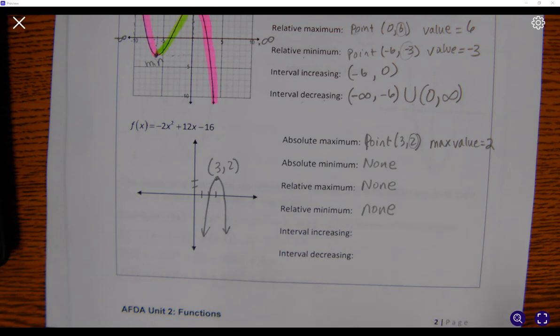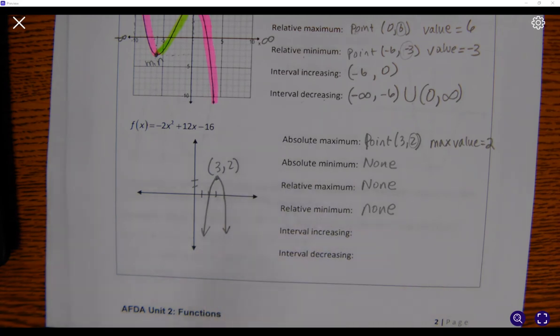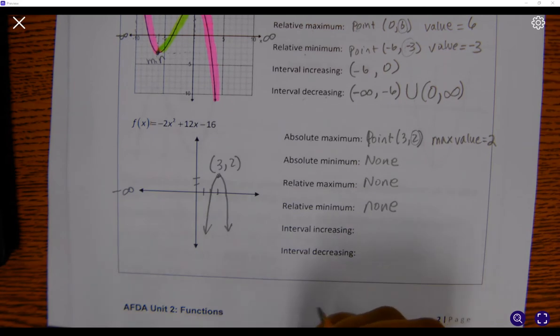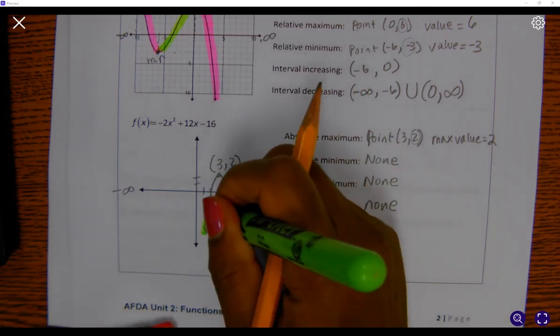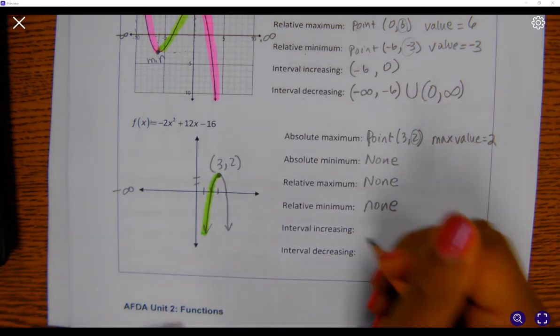All right, increasing and decreasing. So again, we start from the left, and remember, if it's on the left side, we say negative infinity on the x-axis. So from negative infinity up until this critical point right here, it's going up, it's increasing.